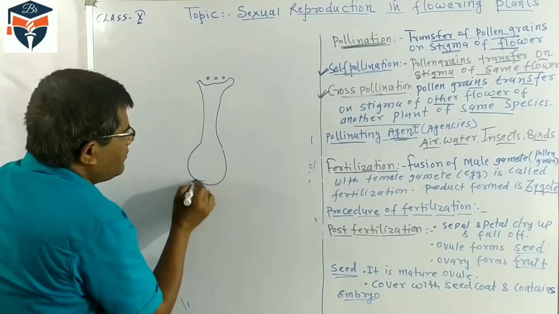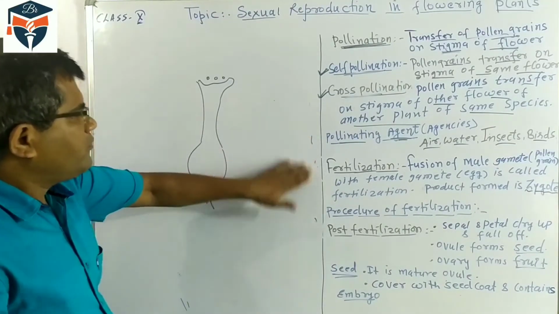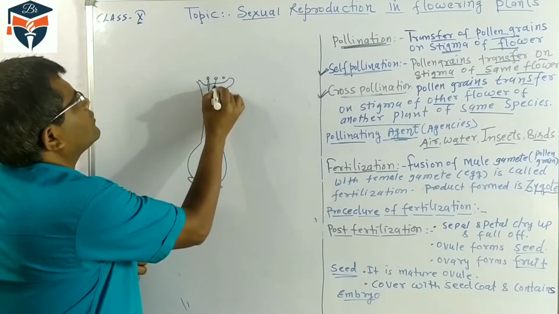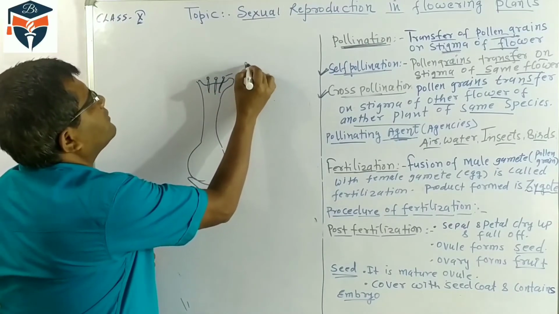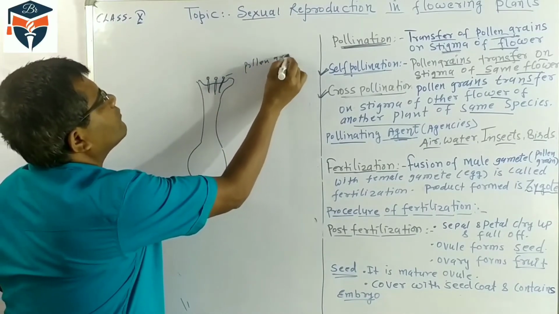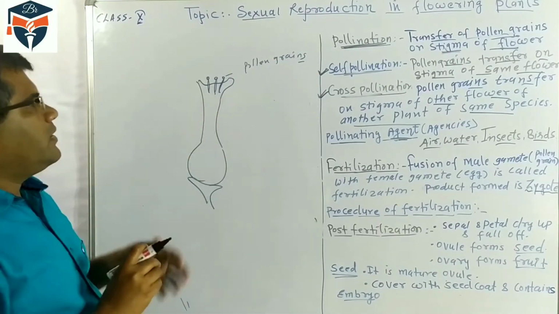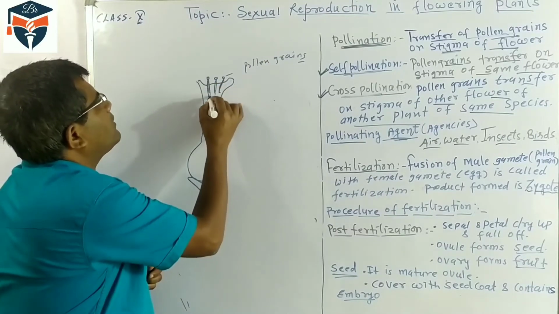What happens when pollen grain reaches the stigma of the flower? Then this pollen grain gets germinated. So these are the pollen grains, and when they get suitable conditions, they germinate on the stigma and this pollen tube arises.